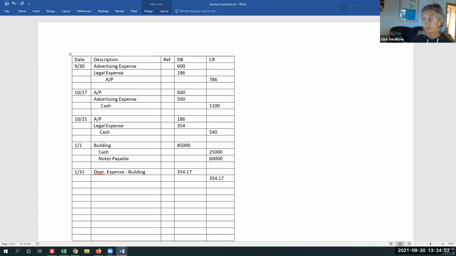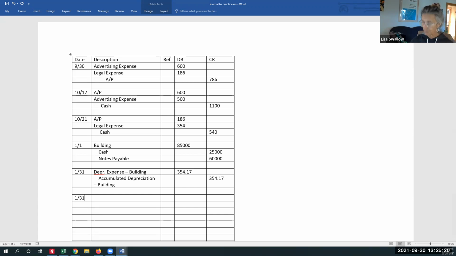So in this case, it's a building. So now I've used my P&L account. What am I going to use for my balance sheet account? We're going to use our newly learned contra asset called accumulated depreciation building. Credit balance goes against the building.